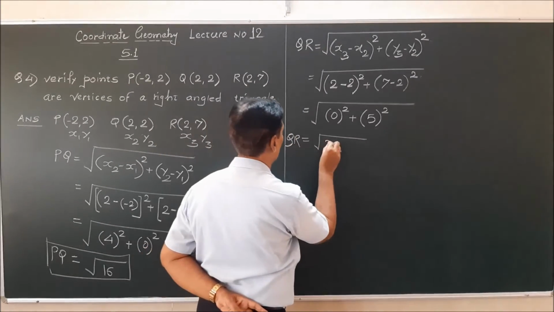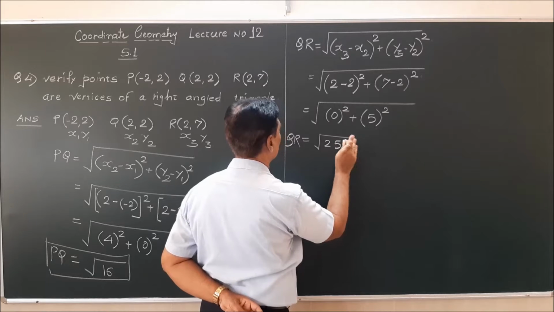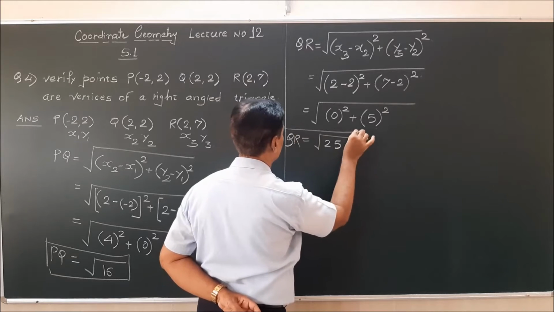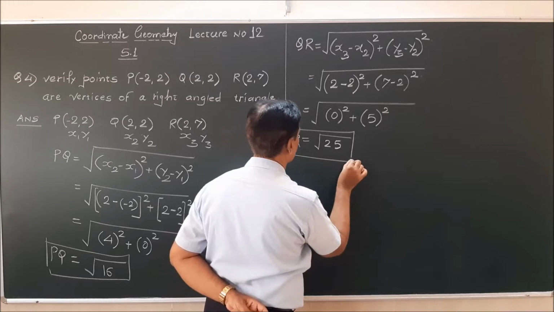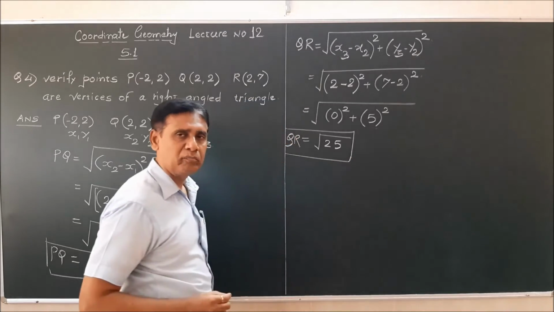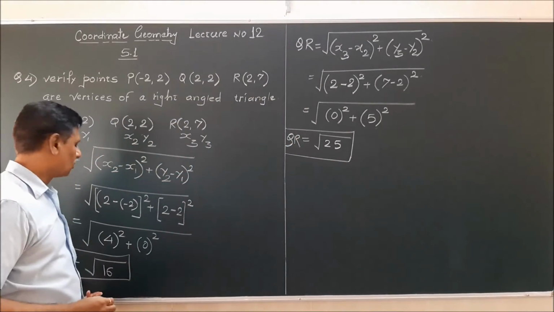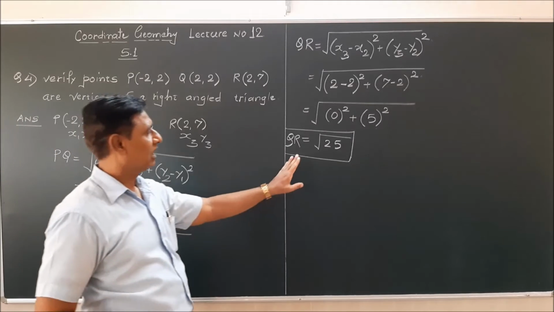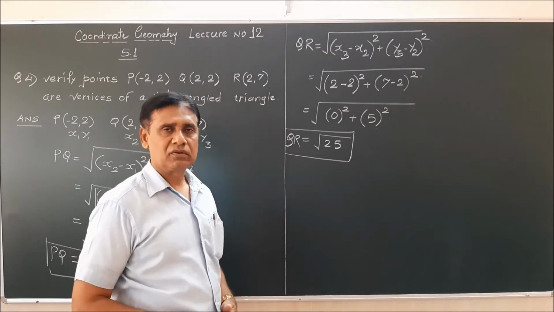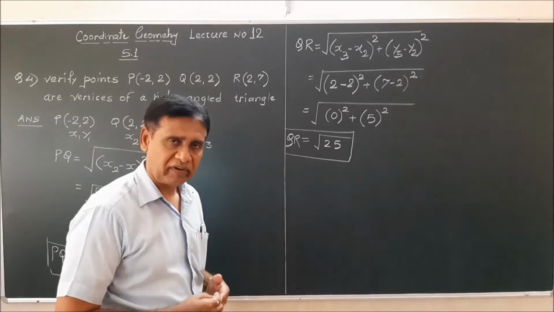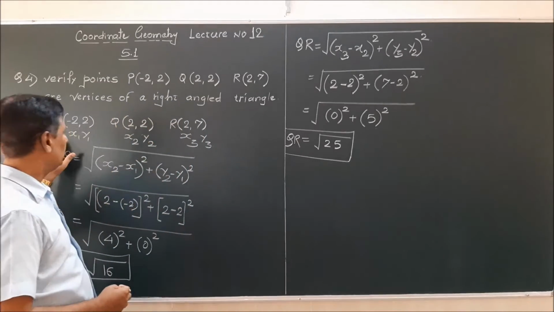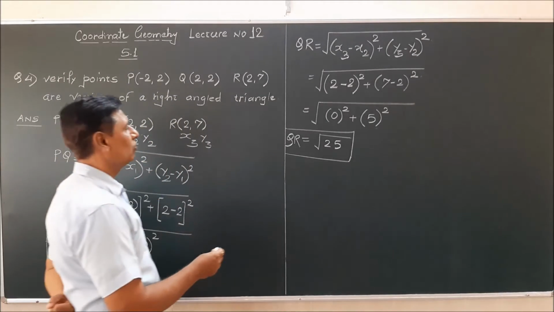Here I obtain the value of QR as root 25. So I know the value of PQ, which is root 16, as well as the value of QR, which is root 25. Now I'm going to find the value of PR. So let's find PR.